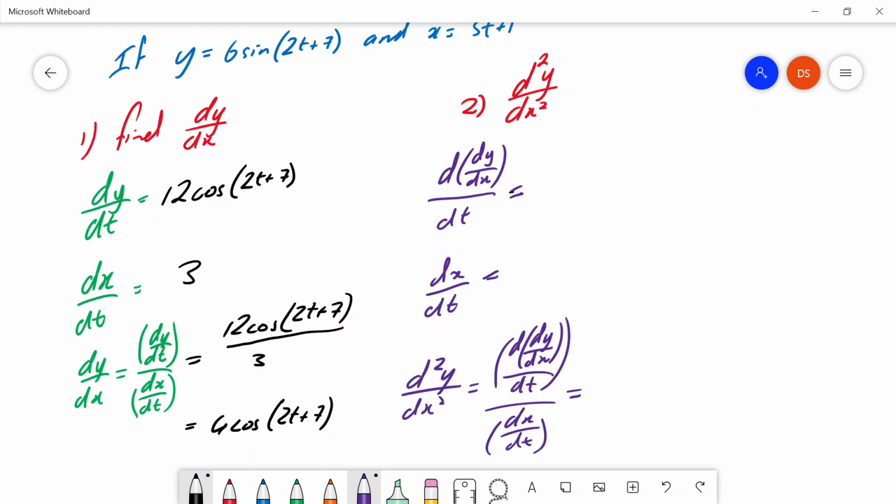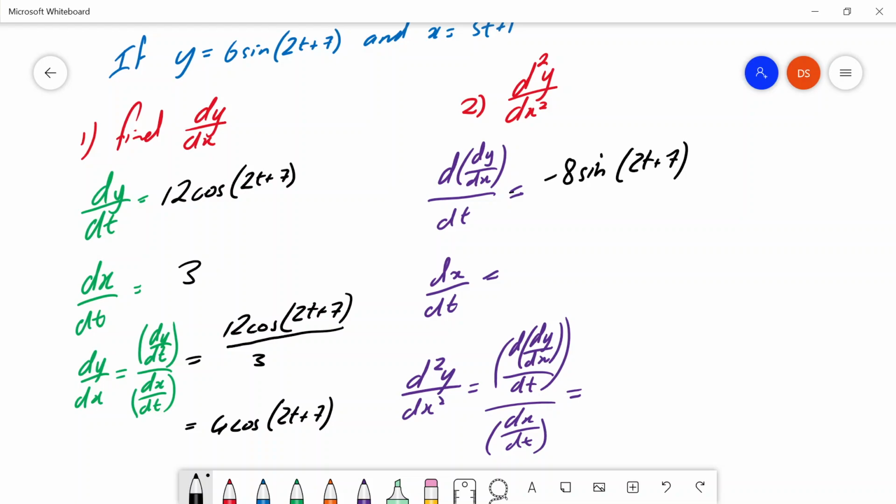Let's have a go. So, what is dy by dx? Dy by dx is 4 cos (2t plus 7). So the derivative of 4 cos (2t plus 7) is, cos differentiates to negative sine, and I have to multiply by 2. So I get negative 8 sine (2t plus 7).